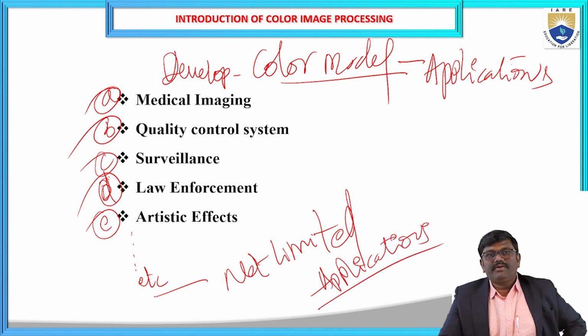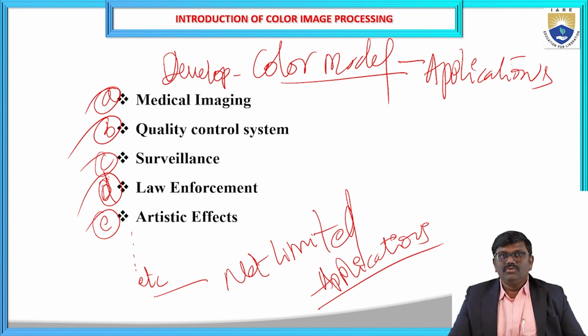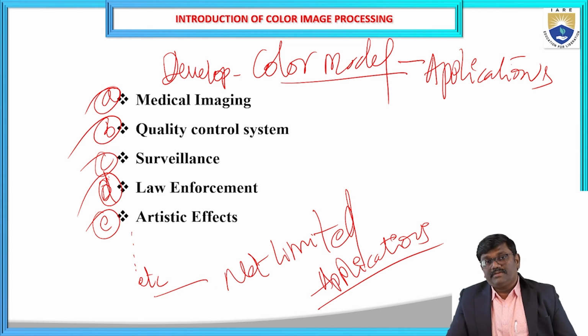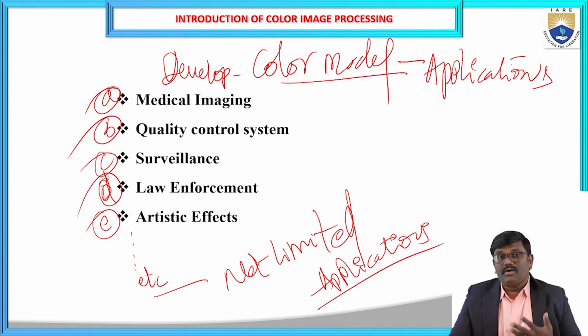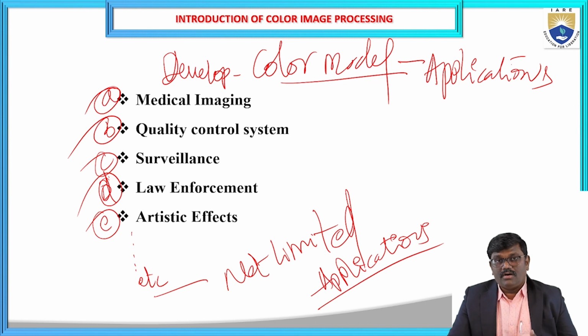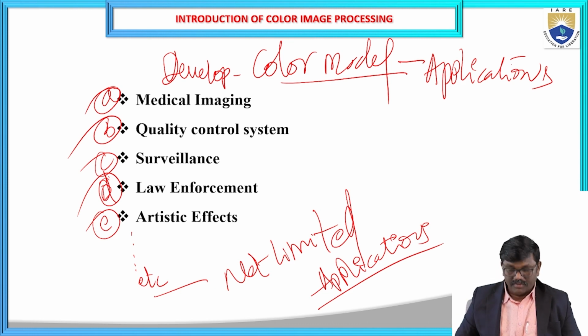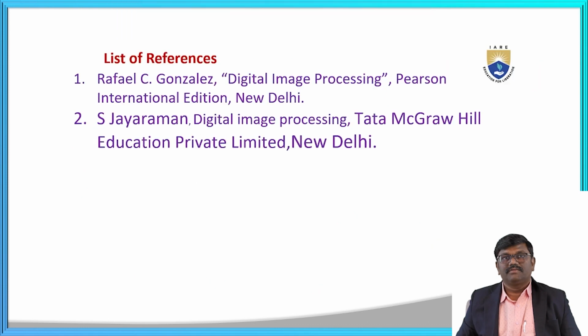So what we want to concentrate on here is that your prepared color model is according to the requirements of your applications. That is what we want to concentrate on in our complete color image processing knowledge: right now we can prepare color models for the different applications.